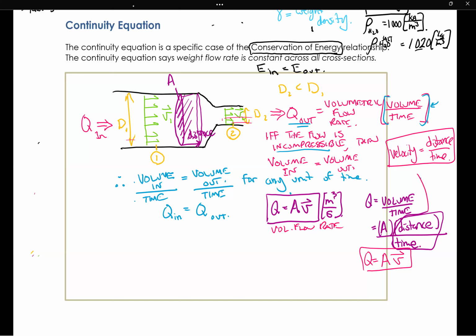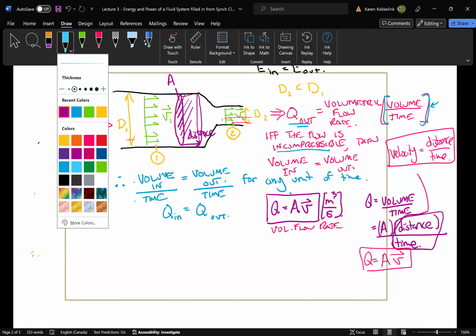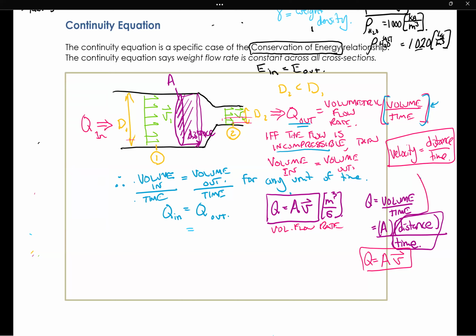So how that relates to these two cross-sectional areas is we can observe that Q in, which is A in V in, velocity in, equals A out, V out, which is very, very handy.